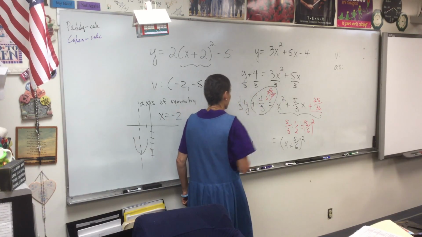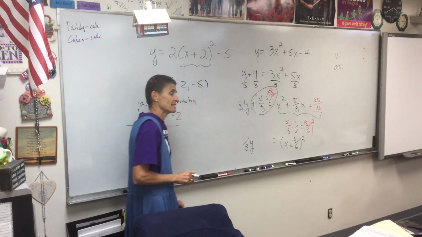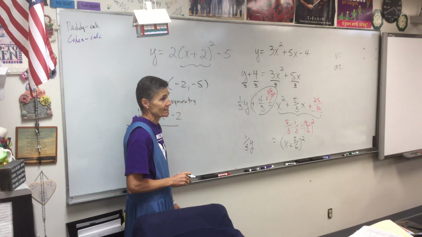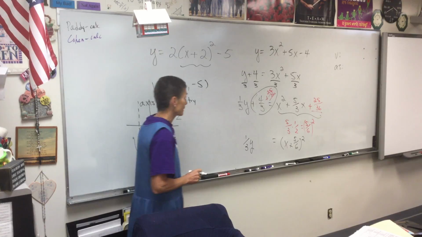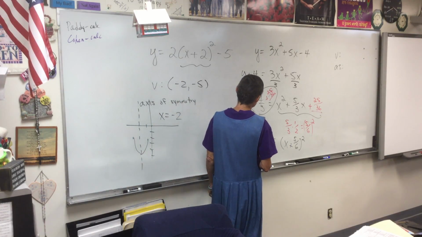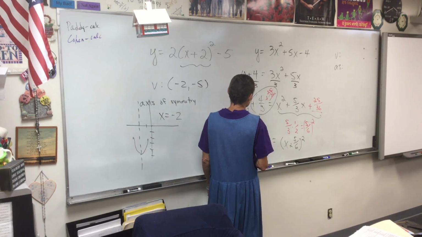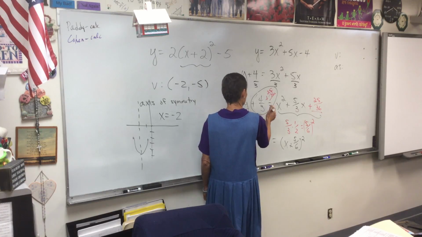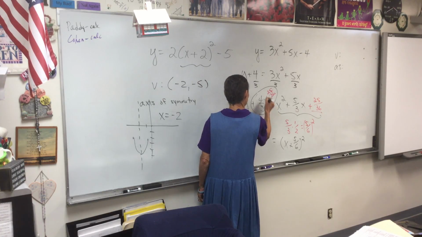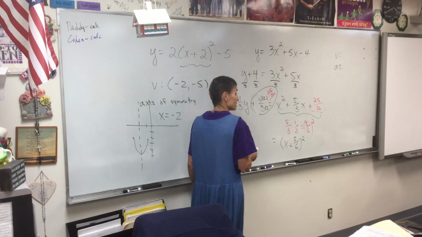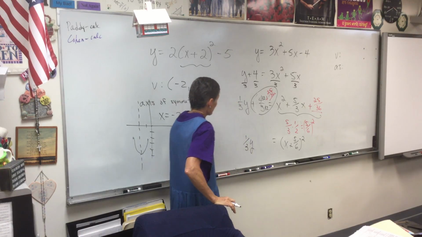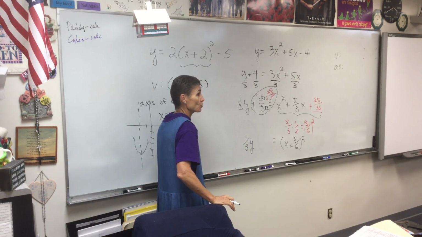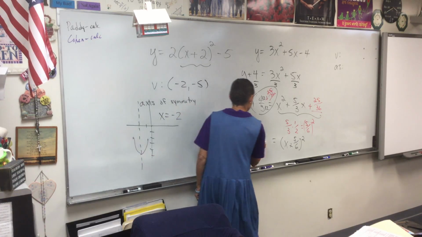So how do we add 4/3 and 25/36? We get a common denominator, which would be 36. We have to multiply this one by 12 to get 36. So that's 48 and 25, and 48 and 25 makes 73.